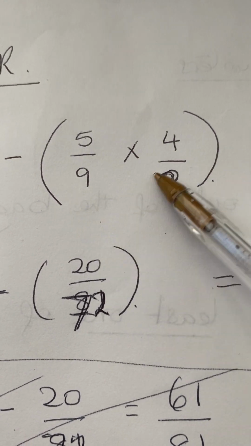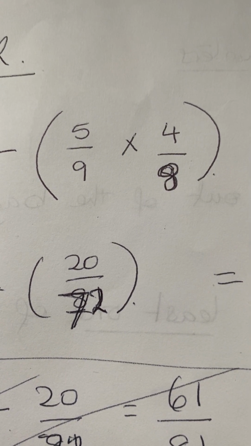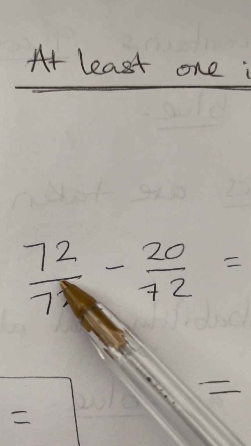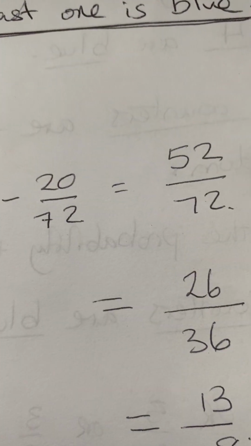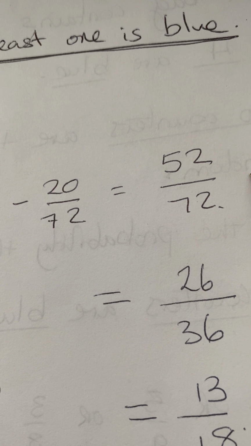So I'm picking twice. At least 1 is a blue, okay? So now if I do 72 minus 20, I have 52, all divided by 72 here.